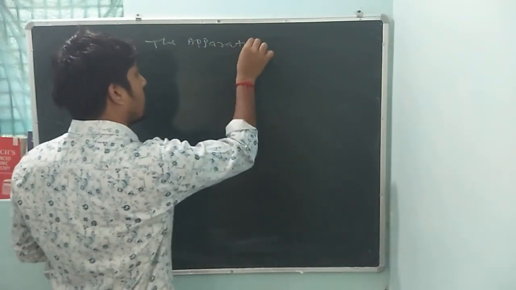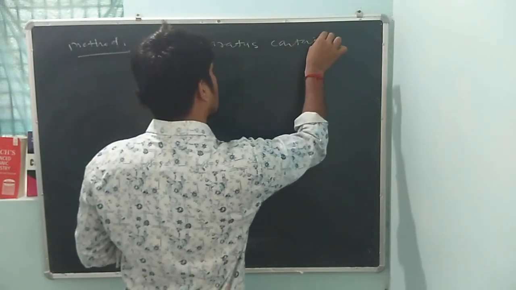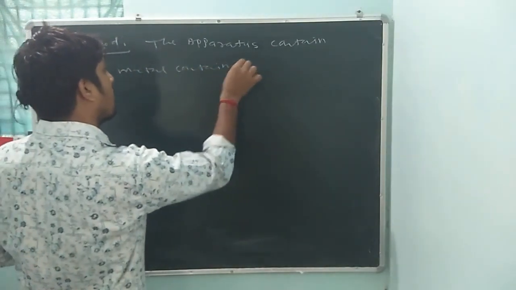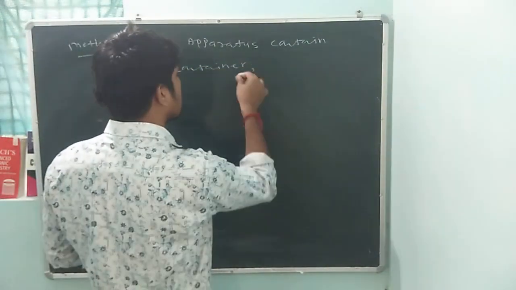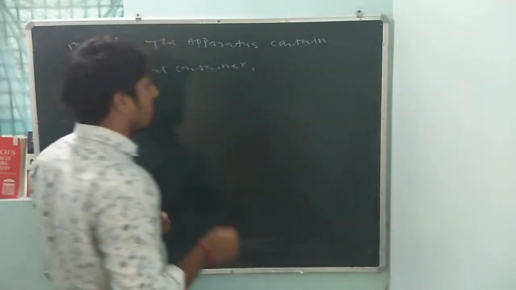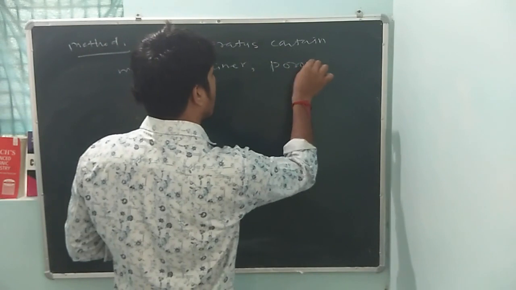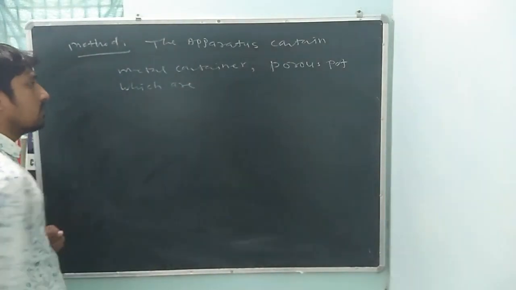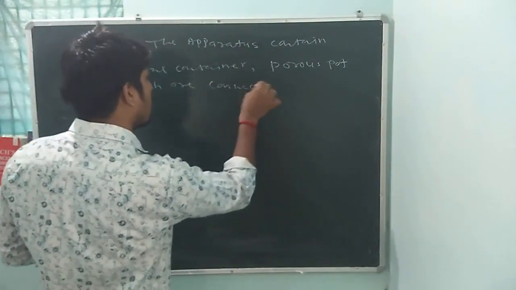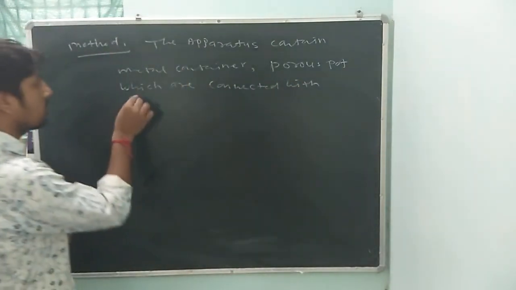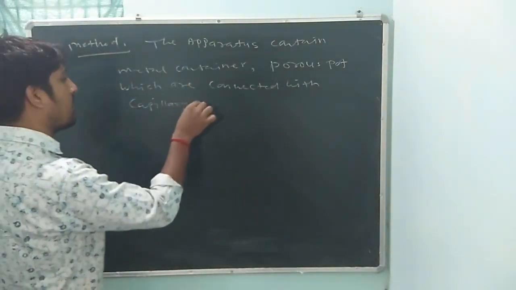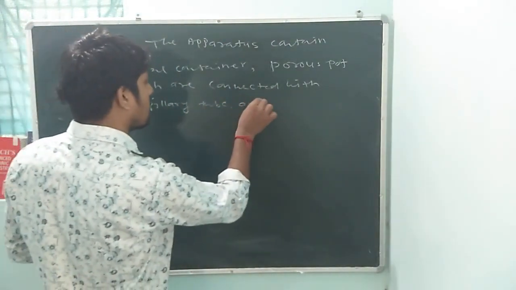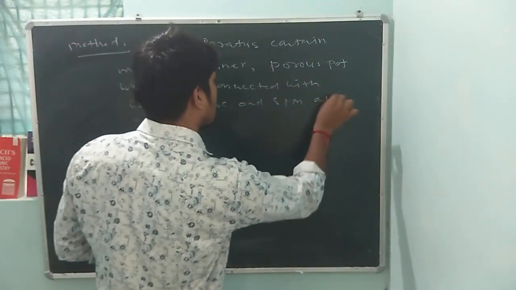The apparatus contains a metal container and a porous pot, which are connected with a capillary tube, as you see in the diagram, and semi-permeable membranes also.